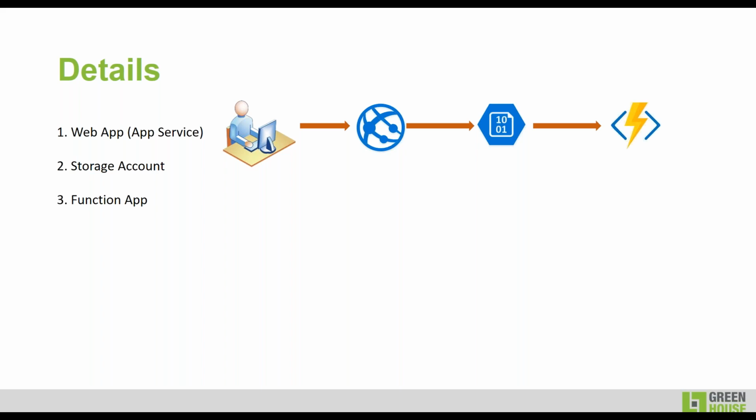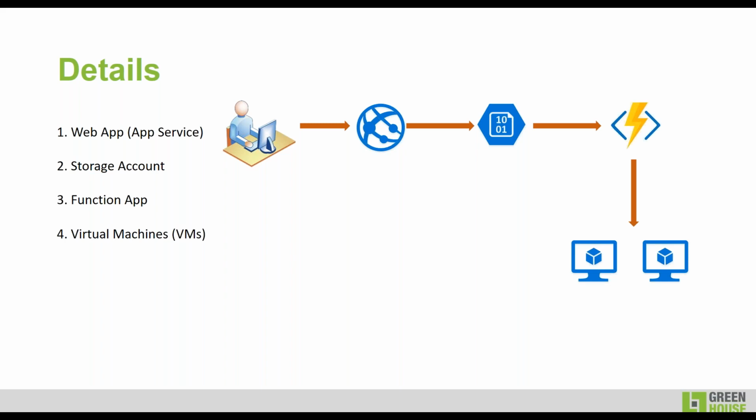The function app processes those files and uses a couple of virtual machines and runs a batch process on those virtual machines, which processes that image file. Once all that processing is done, the result is stored onto an Azure SQL database, and the result is reported back to the end user. So this will be our scenario, and then let's talk about some of the security related questions as pertaining to this particular environment.